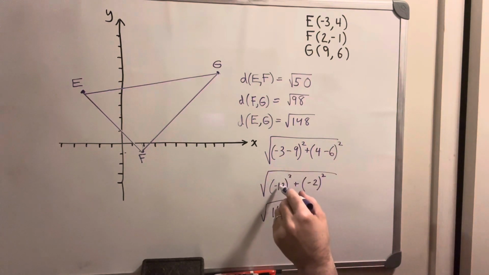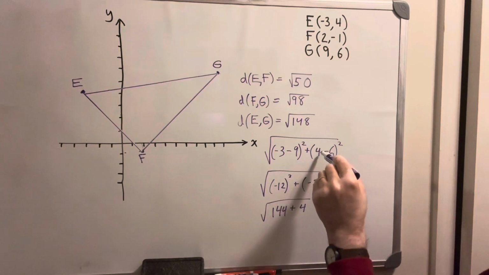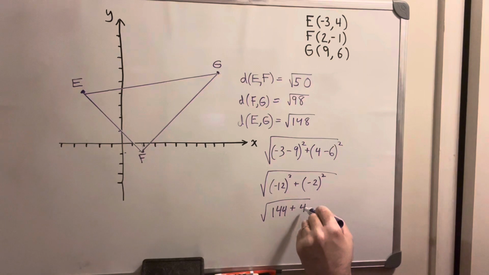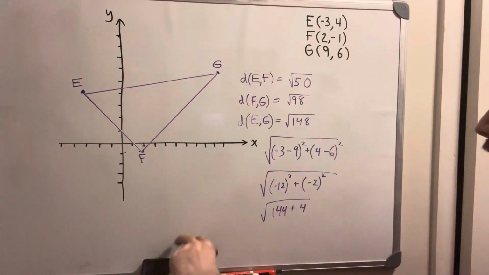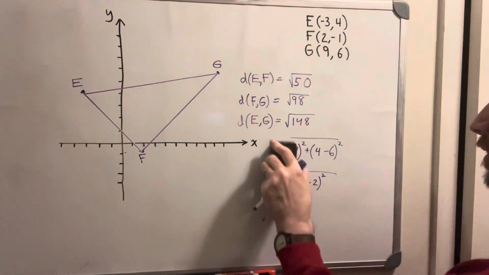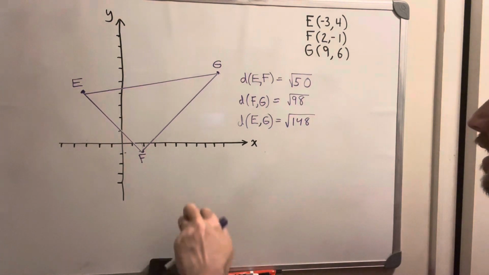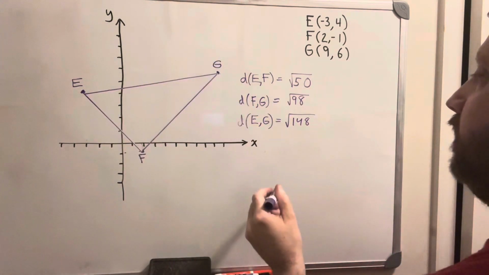So this is -12. -12 squared is 144. The distance here squared is -2 squared, which is 4. 144 plus 4 is 148. So now we have the actual lengths between these sides.